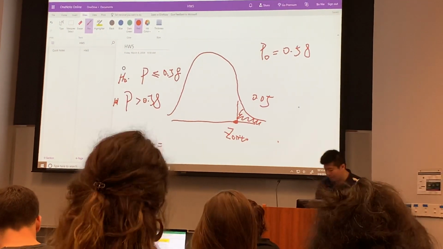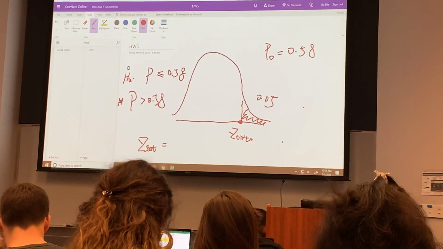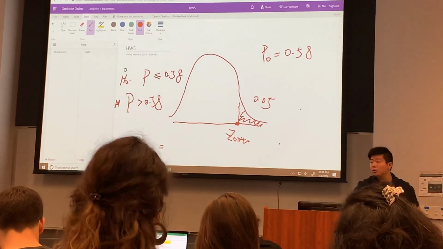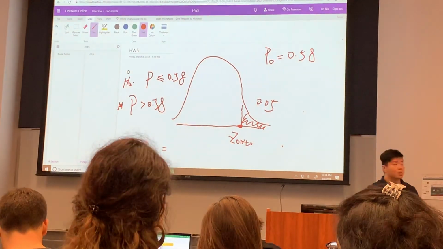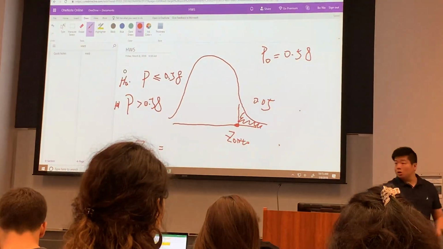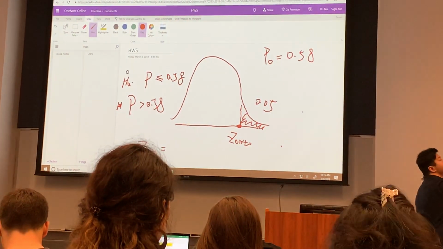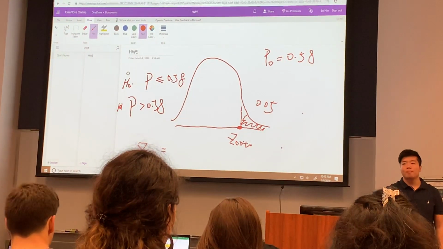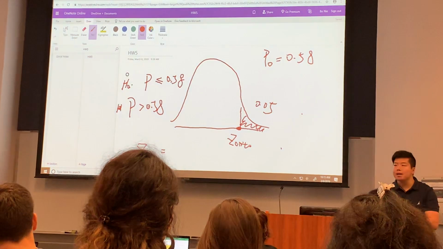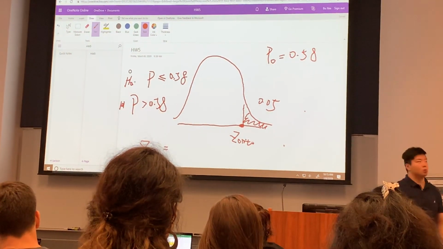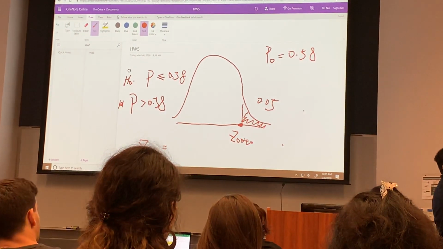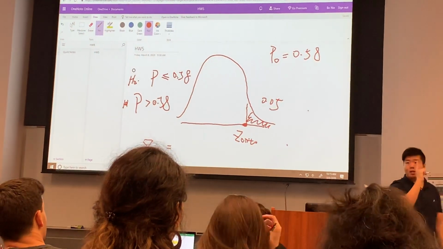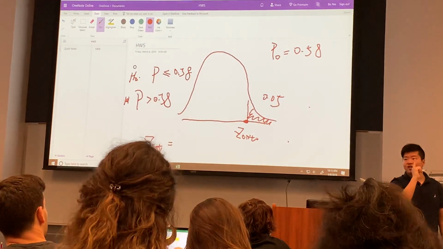What is the formula in this case? Is there anyone who can memorize it? Not X bar, it's P bar minus what? It's not P, it's P null, which is the hypothesized value, if you go to your formula sheet.